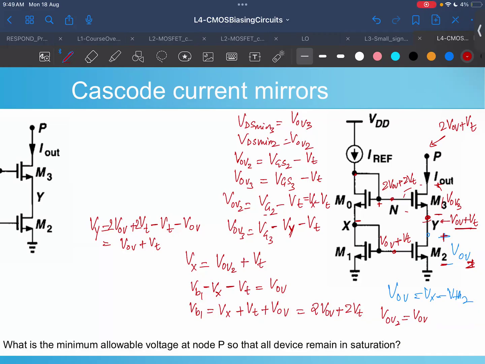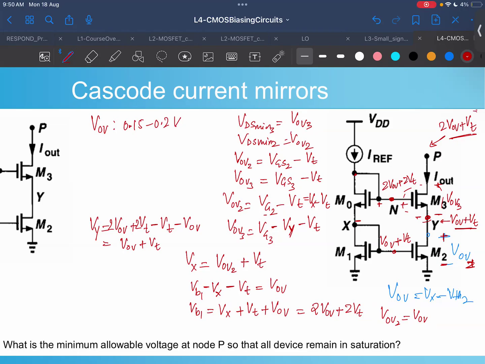But because VGS of this transistor needs to be at least VOV, that's the reason why this node has to be VOV plus VT, and because of that you get a minimum voltage at P which is needed as VOV plus VT, and that's where you see a problem, because VOV is typically around 0.15 to 0.2, which you will use.